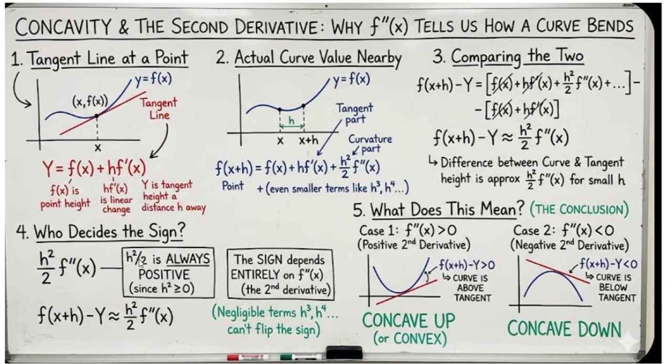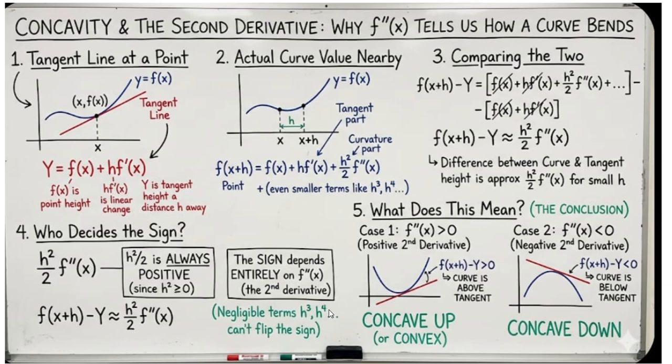Since h square by 2 is always positive, if f double dash of x is positive, then f of x plus h minus the tangent height is greater than 0. Definitely the height of the curve is greater than the height of the tangent, which means the curve is concave up at that point, on both sides.